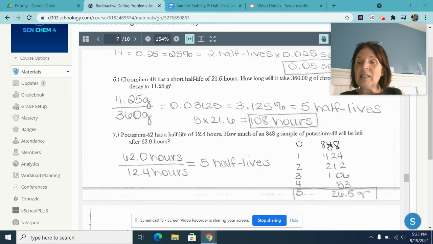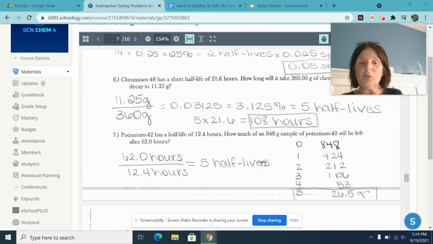Half of 848 is 424. Half of 424 is 212, and so on until I get to 26.5 grams, which is how much of that sample has been left.